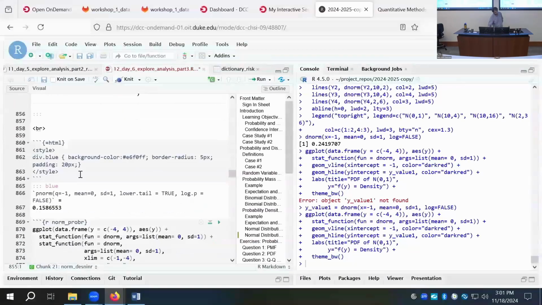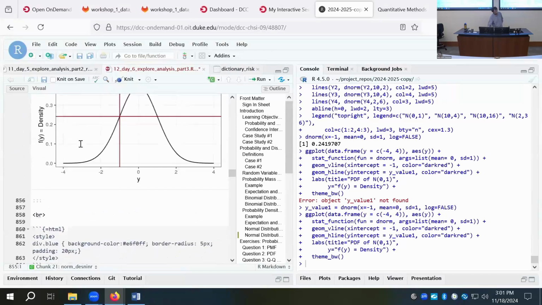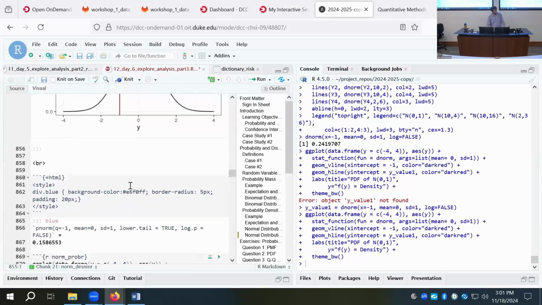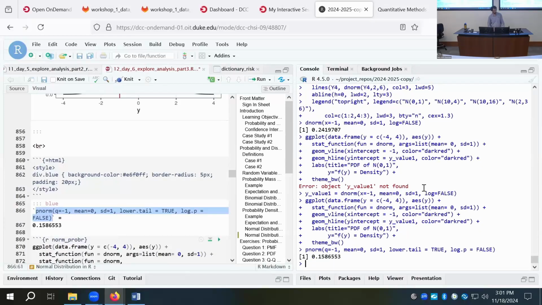All right. So pnorm is going to give us the probability of observing -1 or less. So we're shading in that area to the left of the red line, right? If we write this in, 0.1586553. Okay. Because normal is pretty well defined, we don't have to use the integrate function anymore.